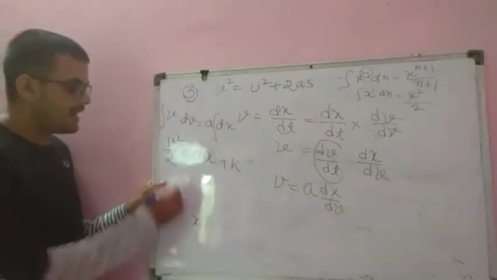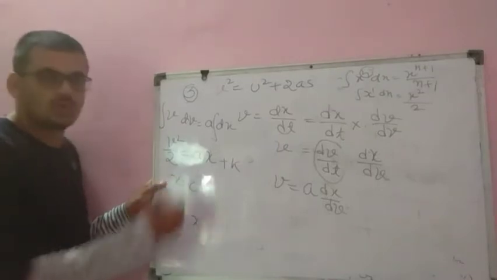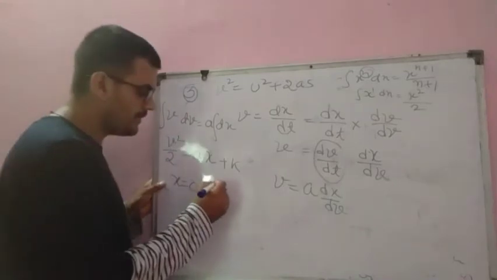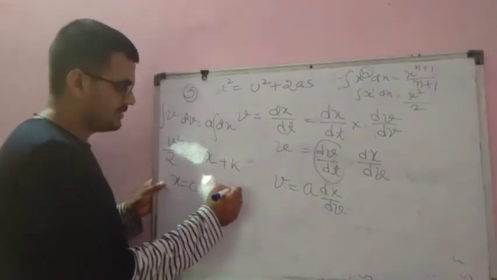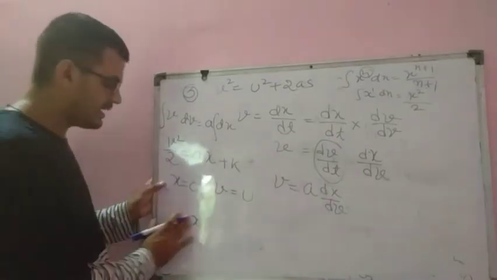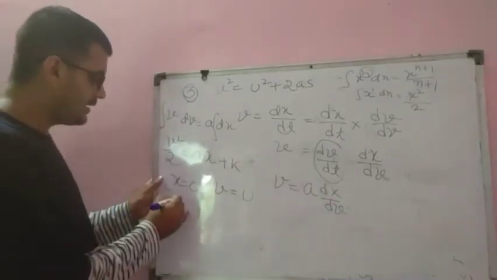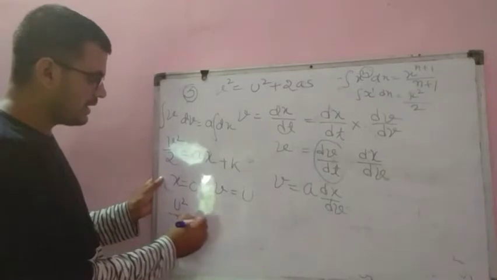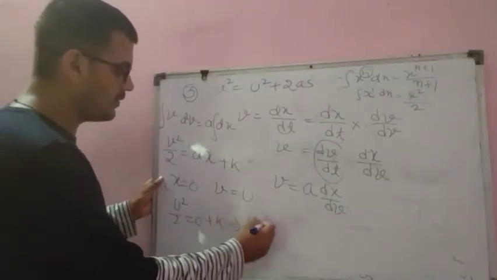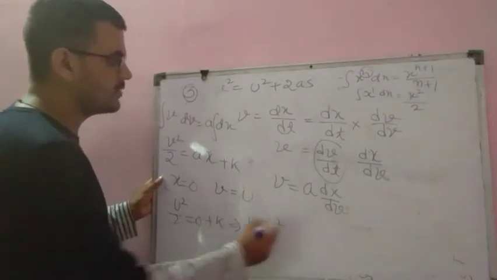At x equal to 0, that is at the initial stage, v will be u. You all know initial velocity is always represented by u. So u square by 2 equal to 0 plus k. So k equal to u square by 2.